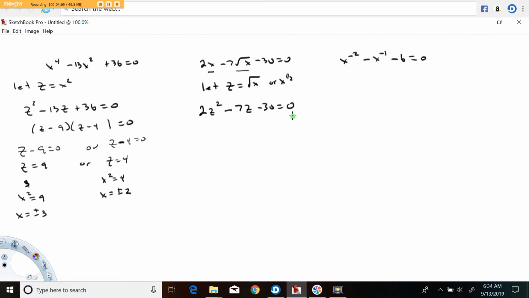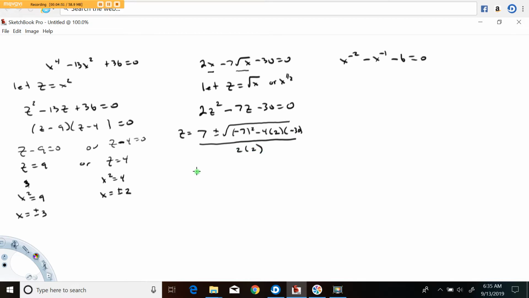So what we have now is another equation here that's quadratic. And on this one I'm going to go ahead and use the quadratic formula to solve it. So z is going to be the opposite of b, which would be 7, plus or minus the square root of b squared, so that's negative 7 squared, minus 4 times a times c, all over 2 times a.